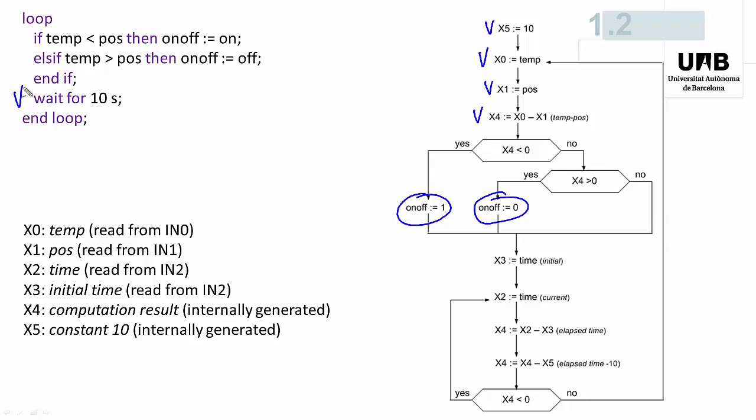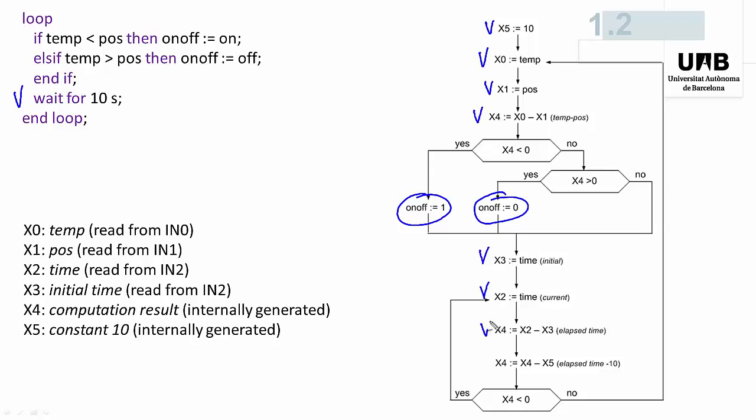Now it remains to execute the instruction wait for 10 seconds. For that, we read the time from the external clock the first time. Then it will be the initial value of this part of our program. Then we read again the value of the time.